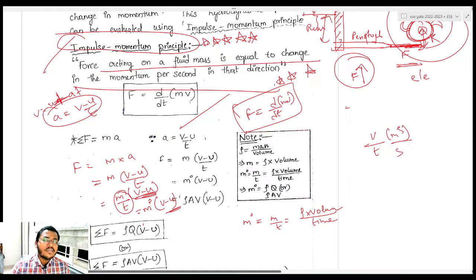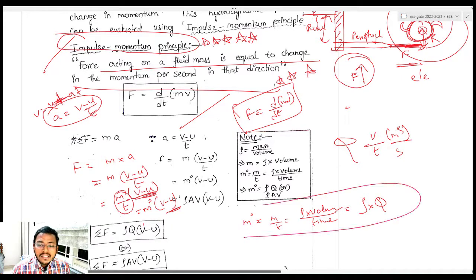What is the unit of it? It is nothing but the unit of discharge, right? Volume per unit time, what is it? It is discharge. So density into discharge is nothing but the mass which is actually hitting my vane per unit time. Is the concept clear?